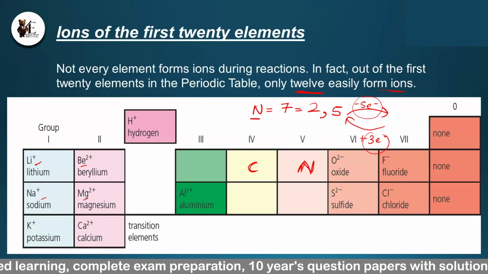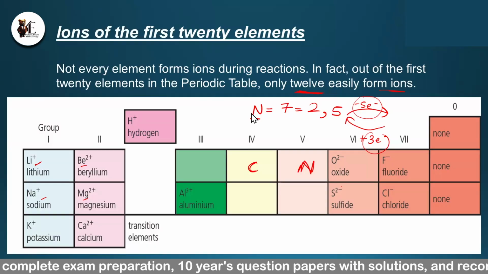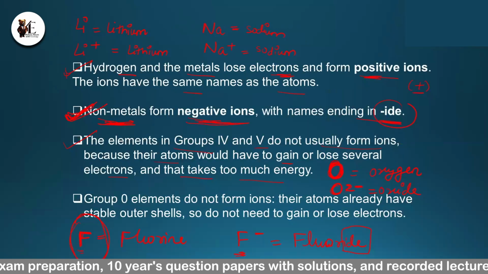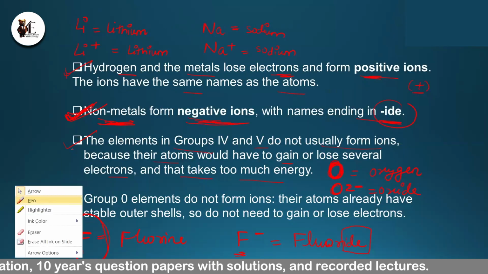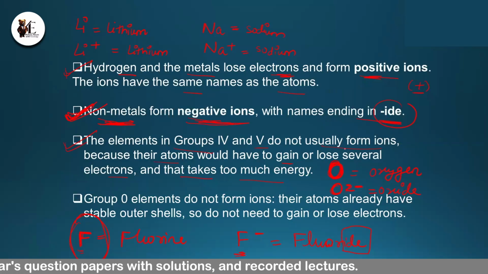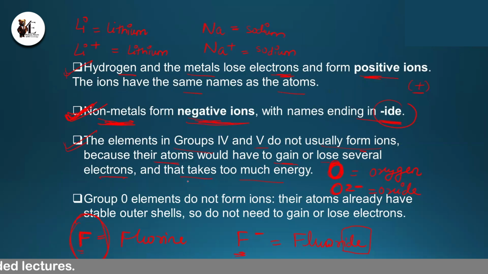They do form, but not so easily. That's why it is written in the third point that the elements in group 4 and 5 do not usually form ions because their atoms would have to gain or lose several electrons, which takes too much energy.